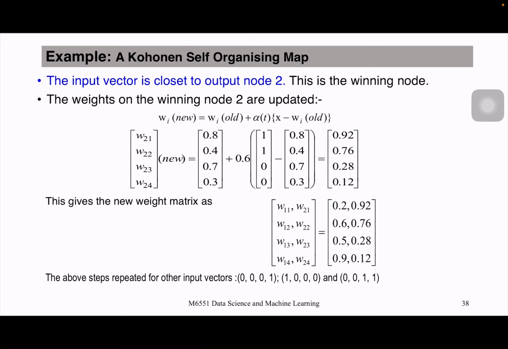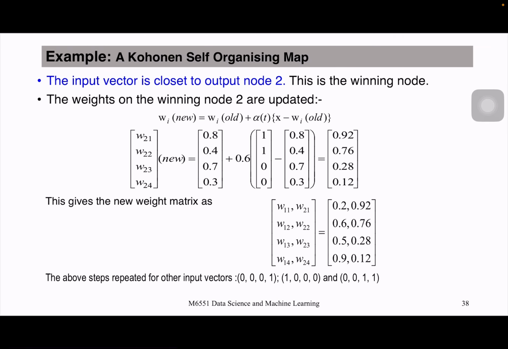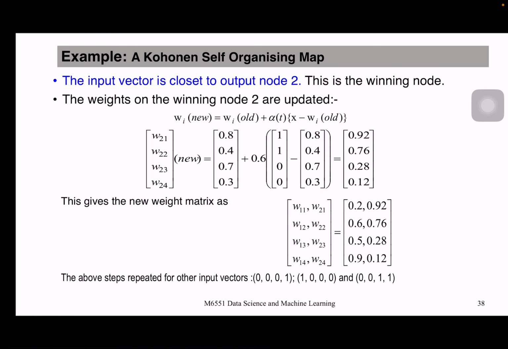For the Kohonen self-organizing map, the input vector is closest to the output node. This is the winning node, and the weights of the winning node are updated. So the new weights equal the old weights plus alpha times (x minus W).